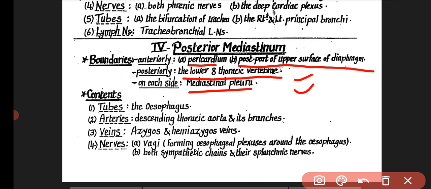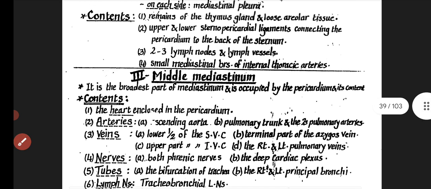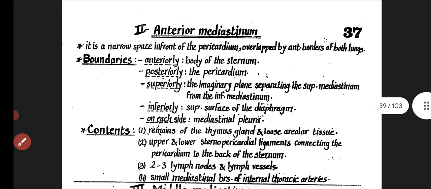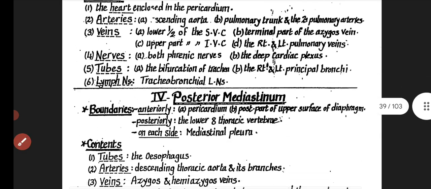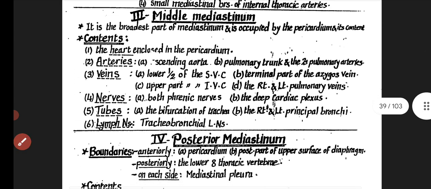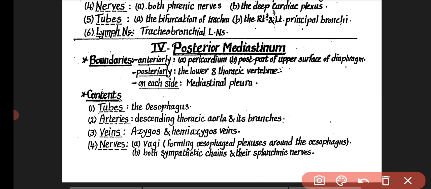Superiorly will be that imaginary line here, and inferiorly will be the diaphragm. And on each side again is the mediastinal pleura.